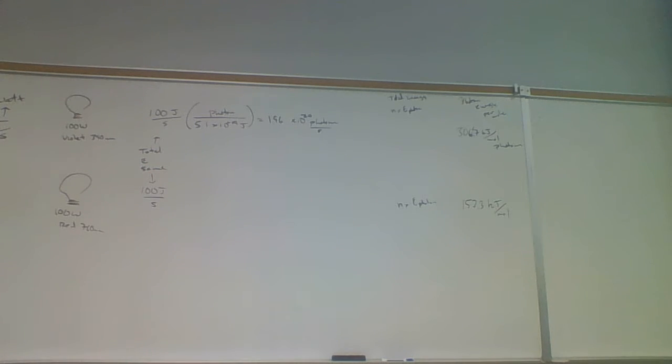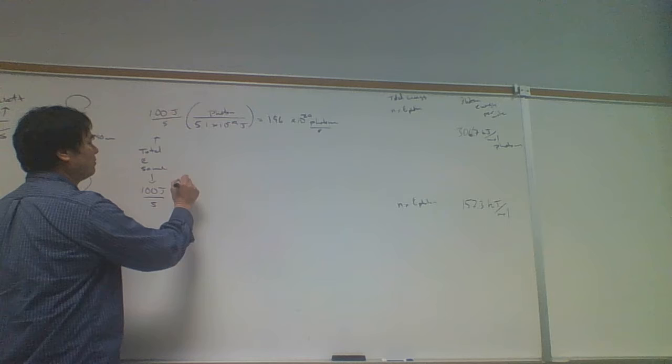If the total energy is the same, what's the difference then? The difference is the energy of the individual packet or photon of light. We know that red light has half the energy per packet or per photon. And so we're going to have a lot more photons to add up to this energy, maybe twice as many photons roughly.